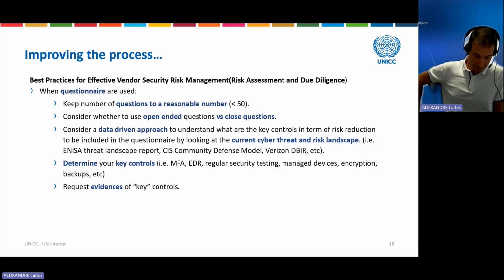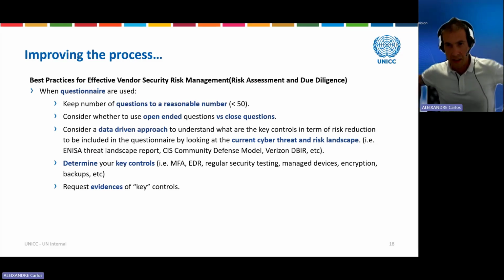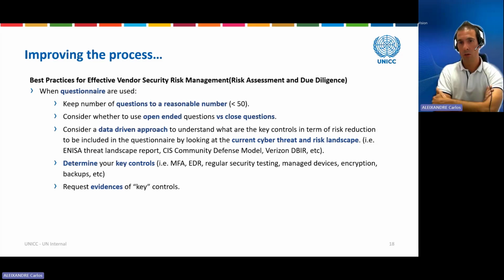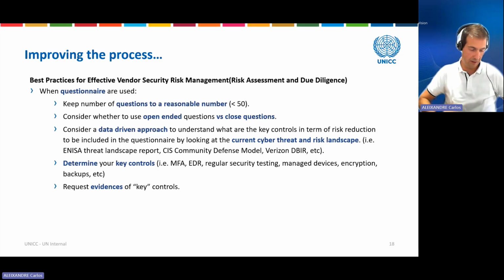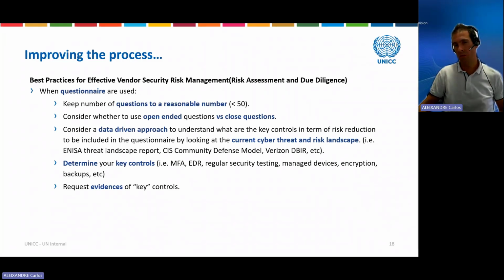And of course, whatever you decide is a key control, it is good to also ask for evidence. In your security questionnaires, on top of yes and no, you should ask for some sort of evidence, right? So out of the 50, maybe you can consider 15 that are really key controls, and you may require evidence for those. So this is also something to consider.